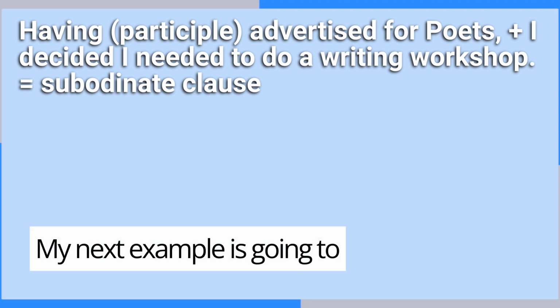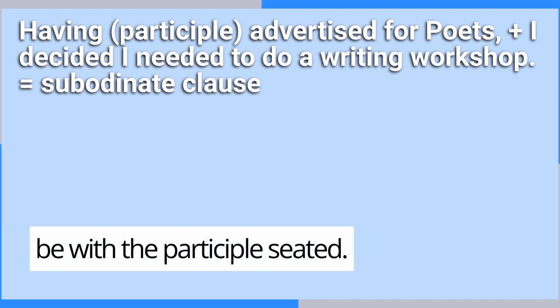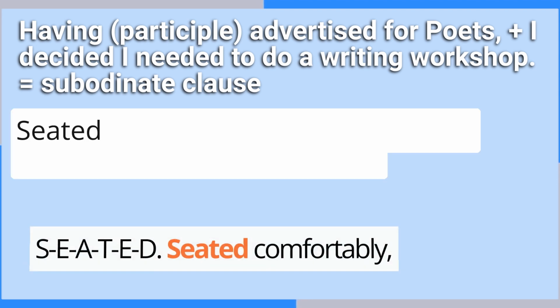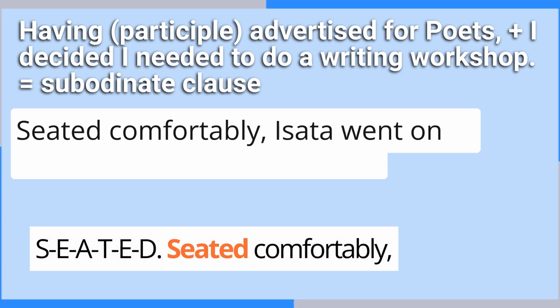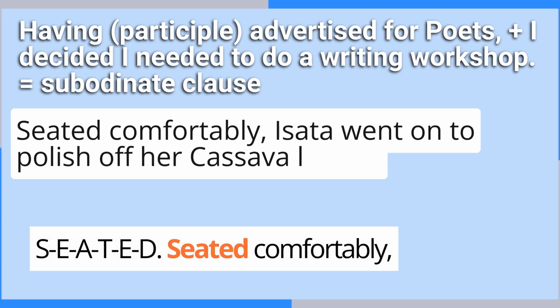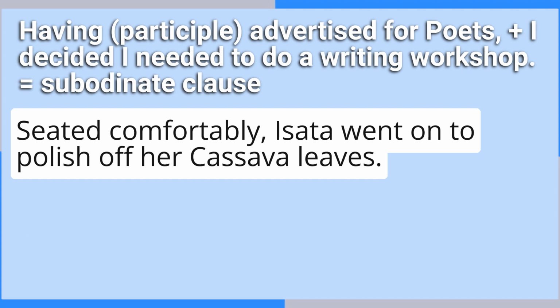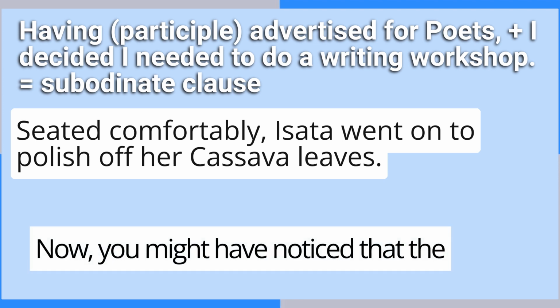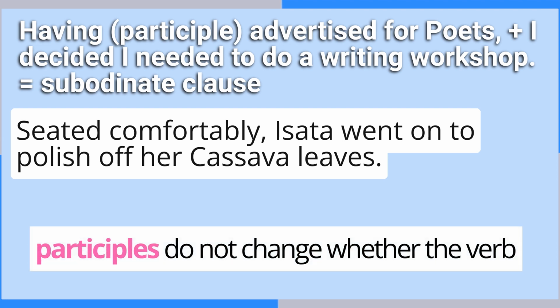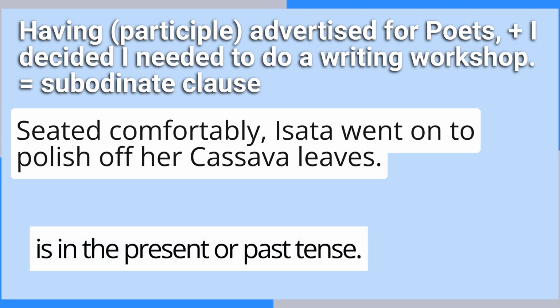My next example is going to be with the participle seated, S-E-A-T-E-D. Seated comfortably, Isata went on to polish off her cassava leaves. Now you might have noticed that the participle does not change whether the verb is in the present or past tense.